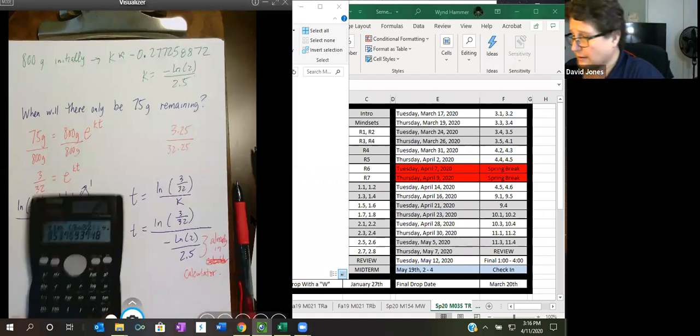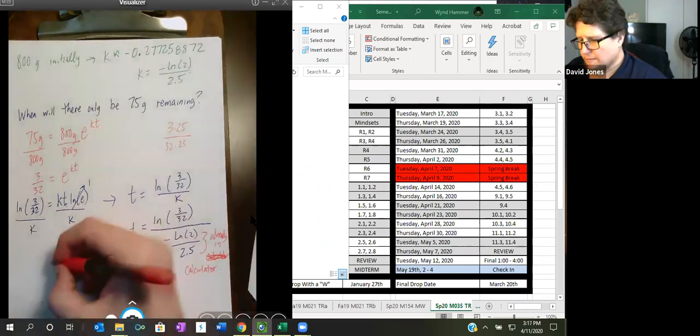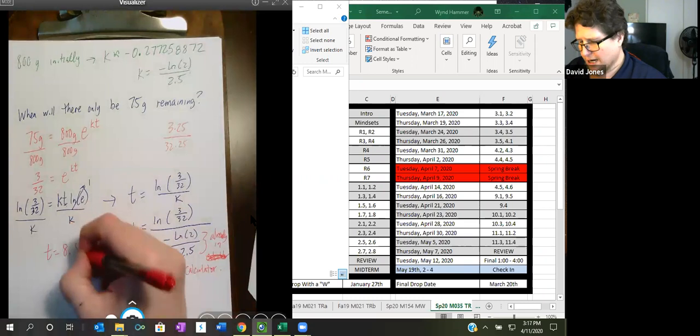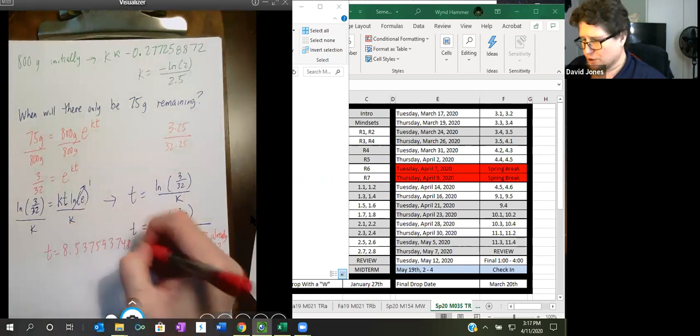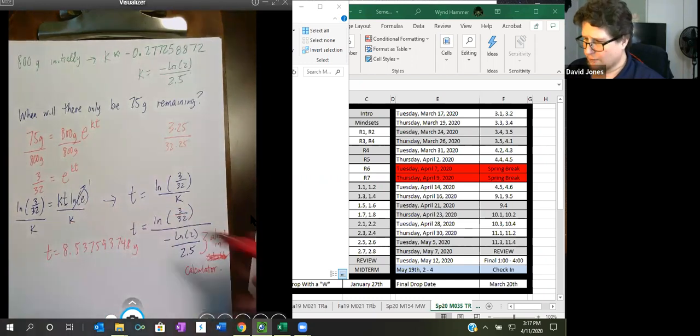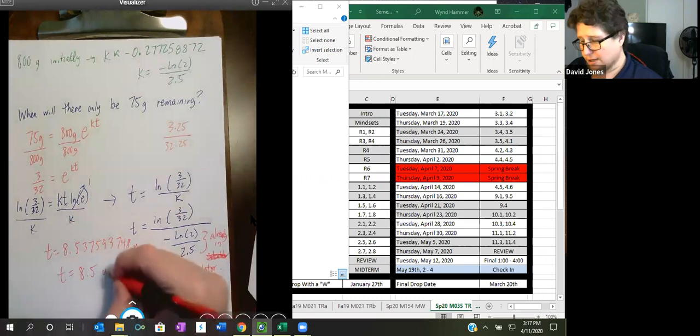T equals 8.5 3759, 3748. This was years. We started off going to 1 decimal place. T is about 8.5 years.